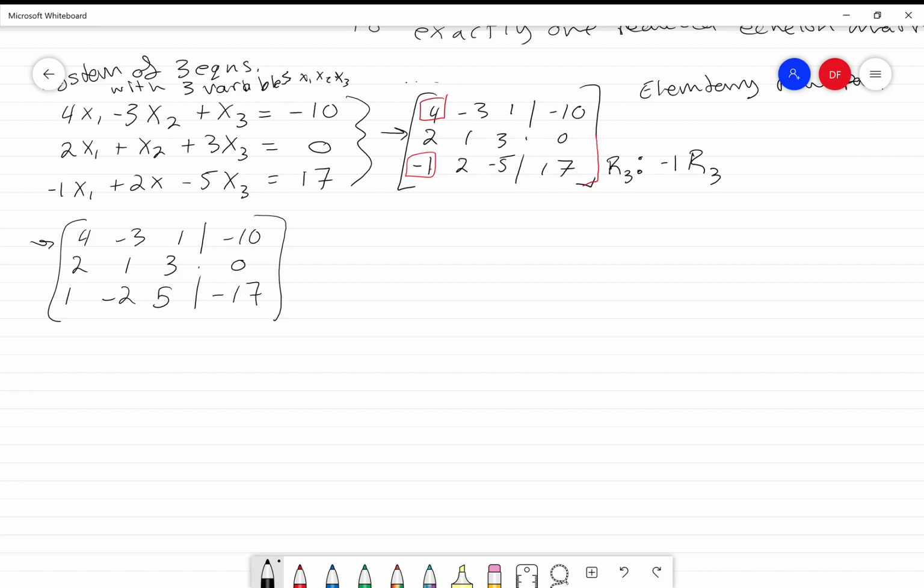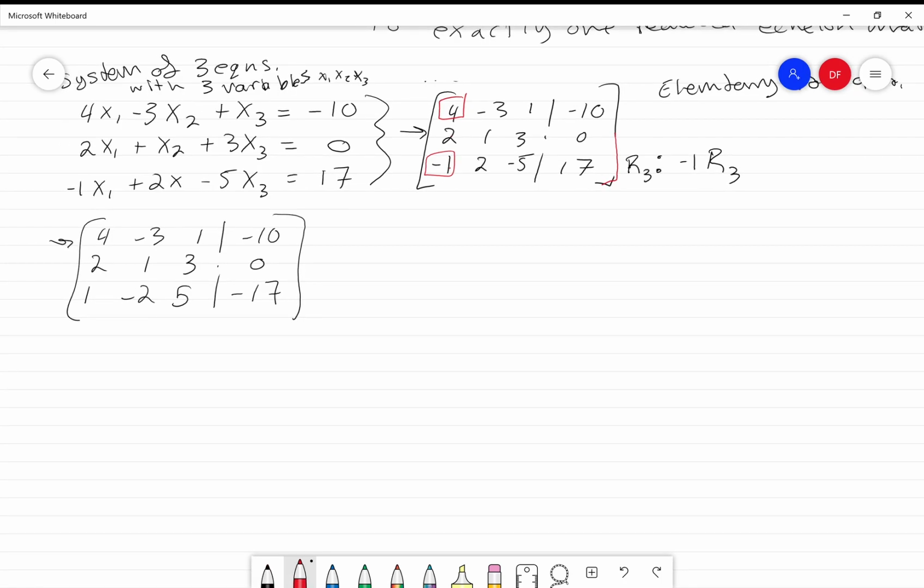Why did I do this? Because I want this one to be a 1 so that I can now just interchange these two rows. So when I interchange these two rows, I get 1, negative 2, 5, negative 17. I get 2, 1, 3, 0, 4, negative 3, 1, negative 10.